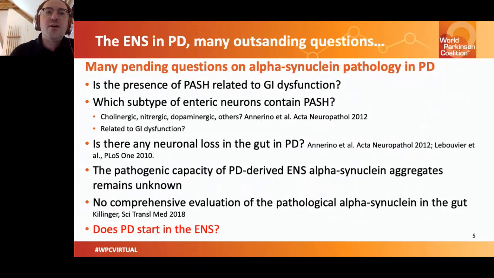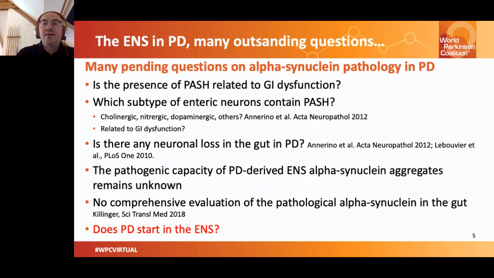In the same way, a comprehensive analysis of pathological alpha-synuclein in the GI tract has not been performed. There is one study which analyzed in detail the alpha-synuclein and the post-translational modification of alpha-synuclein in the appendix of the human gut, but no analysis has been performed in the adjacent GI tract regions. So there was a critical need for these experiments.